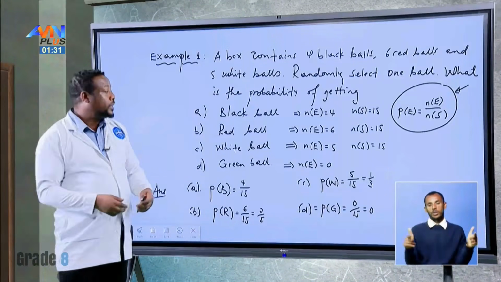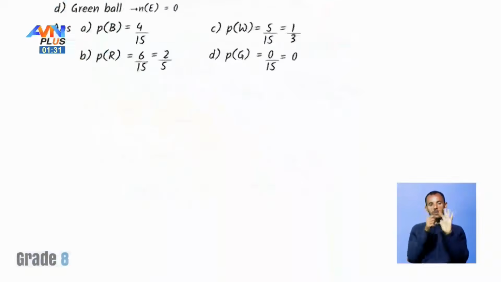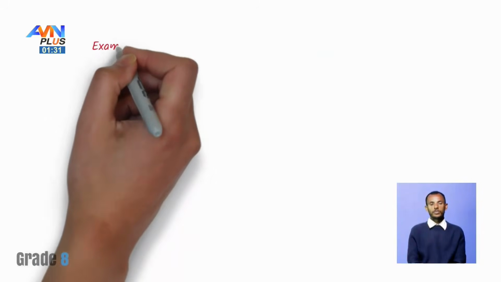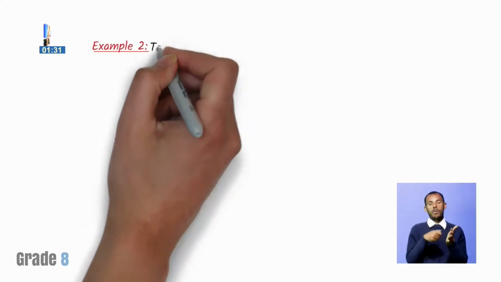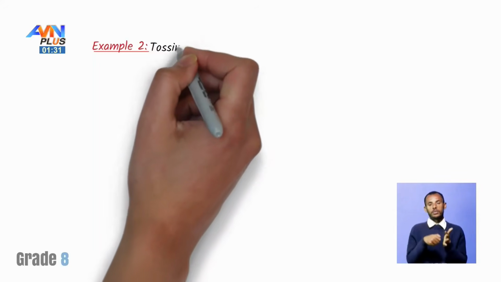probability of simple events. Let's see the next example. So consider tossing a coin. Tossing a coin once.